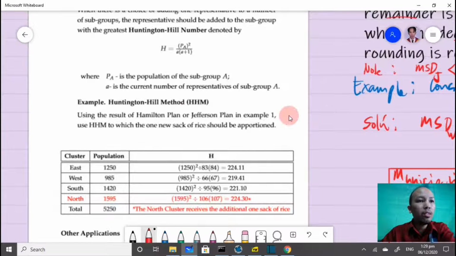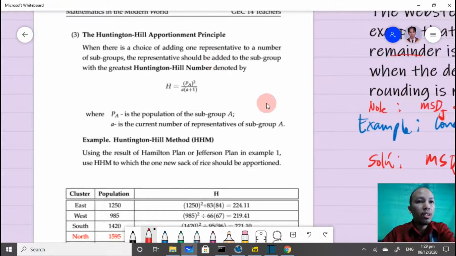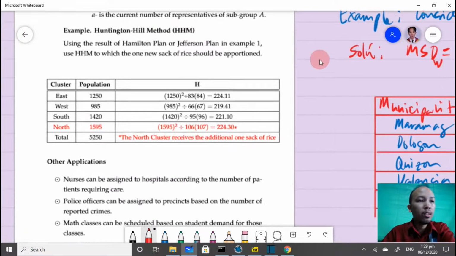So the Huntington-Hill method is something different than the Huntington-Hill apportionment principle, because that method is the same as Hamilton and Jefferson and Webster. There is a procedure that you are going to follow in order to apportion the number of representatives. So anyway, this is not the correct one.